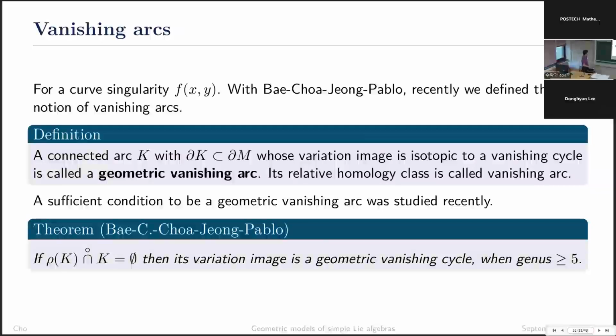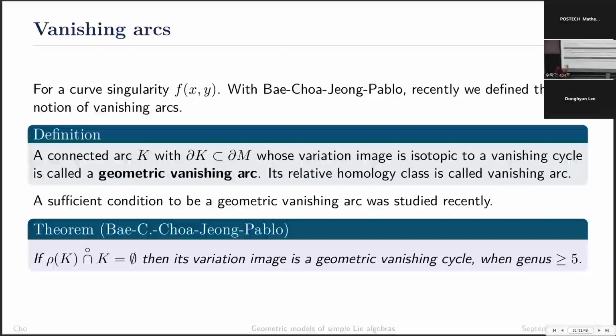Okay, so within the class of arcs, there is a very distinguished kind, called vanishing arc or geometric vanishing arc. These are the ones whose variation image becomes a vanishing cycle. If you have an arc and a monodromy image, then the variation image is a closed curve. There is no guarantee that this is actually a vanishing cycle.